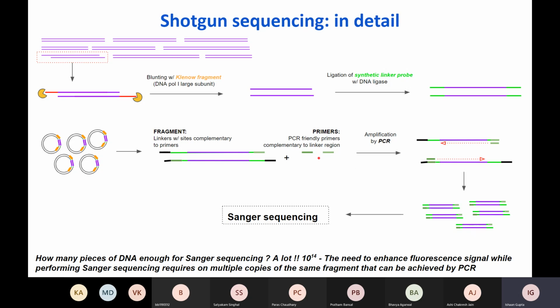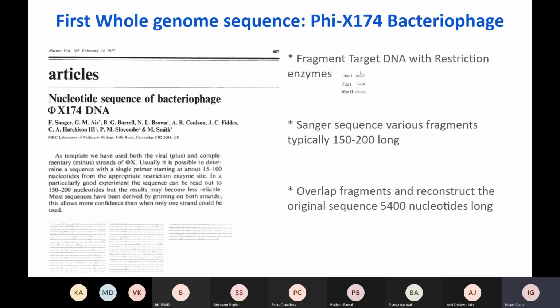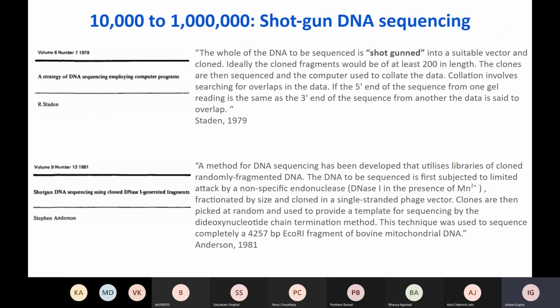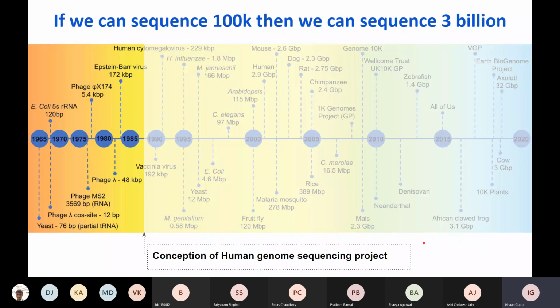I showed you how this process was done to sequence small viruses, and the idea of shotgunning, or breaking the big DNA into small pieces and then using a computer to piece together the original sequence, was founded. Then it was used to sequence other highly prevalent molecules of DNA, such as mitochondrial DNA.